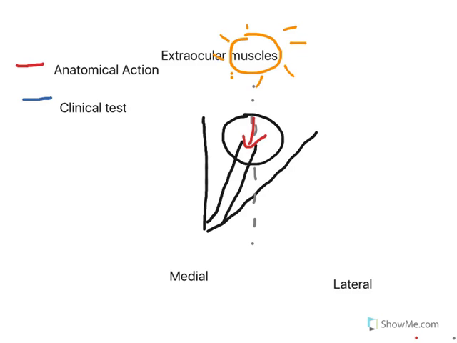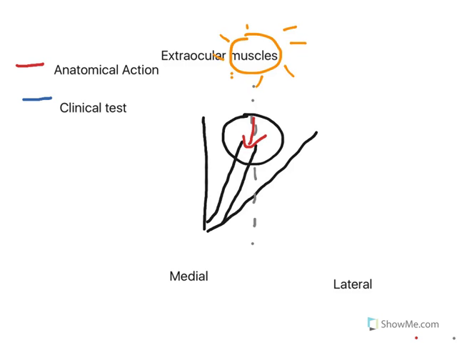Now, if we want to test the superior rectus muscle clinically, it is not going to be the only muscle that is elevating the eyeball. The other muscle that elevates the eyeball is the inferior oblique. Now, to stop that inferior oblique muscle coming into play, what we can ask the patient to do is to move their eye laterally.